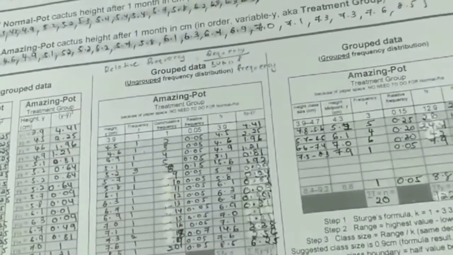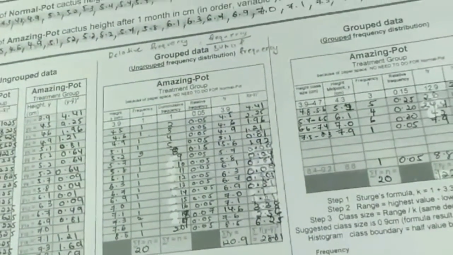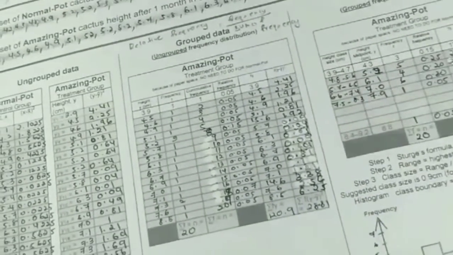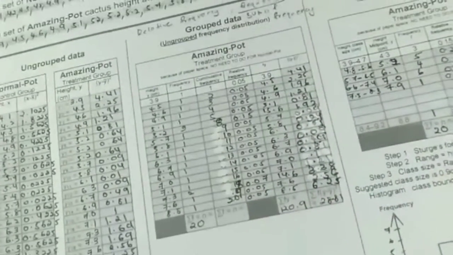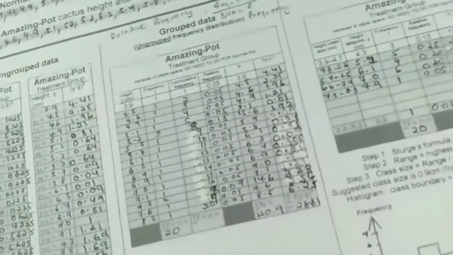Okay, next we continue with grouped data. These are two grouped data for amazing pot. Okay, we just fill this, and also we have to use a bar chart. For this bar chart, the diameter in centimeter is followed by the height, and the frequency is followed by the frequency.